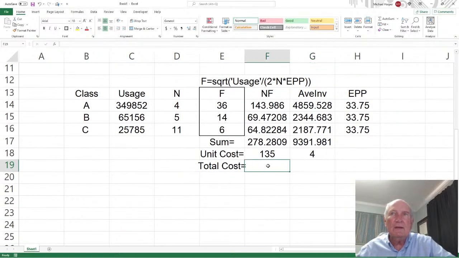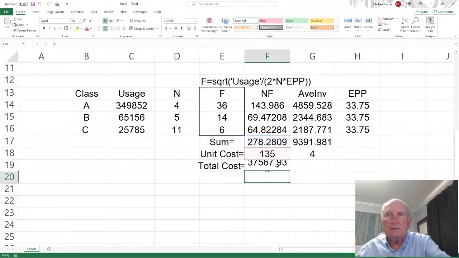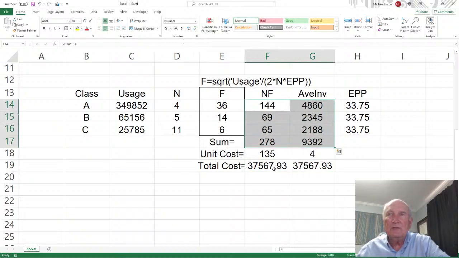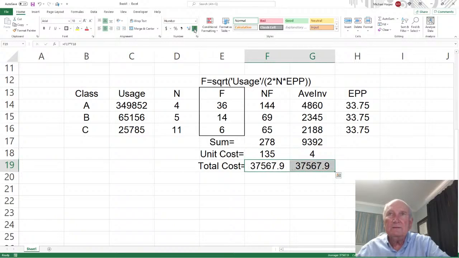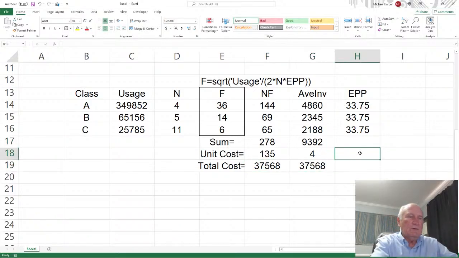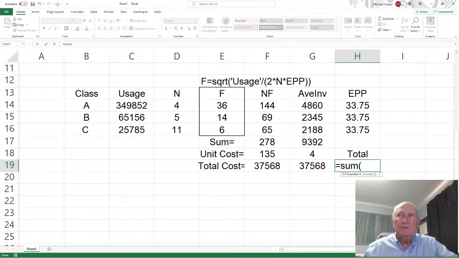Okay, and then the total cost simply is the sum times unit cost. Copy it over. You know, we have all these decimal places. Let's just reduce them, because let's just go whole numbers. There we go. Just to be cleaner. Okay. And then the grand total equals the sum of these two.